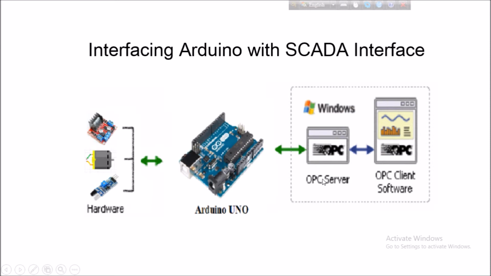This is how OPC works on any controller like a PLC. In this case, the Arduino UNO microcontroller acts like a PLC.